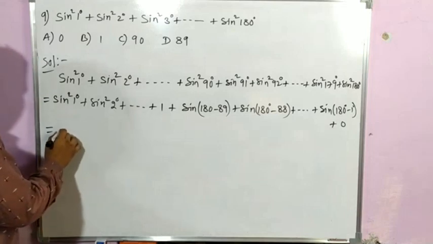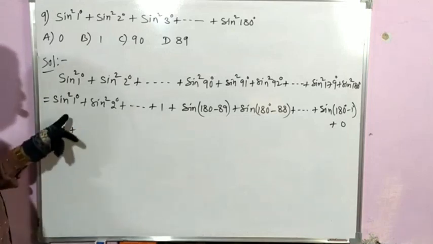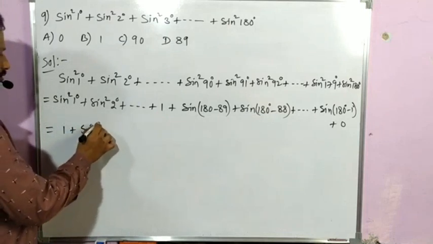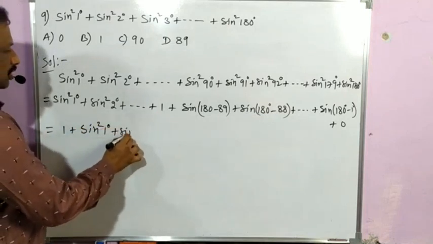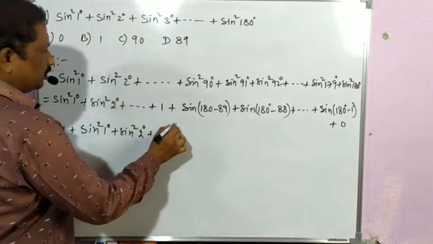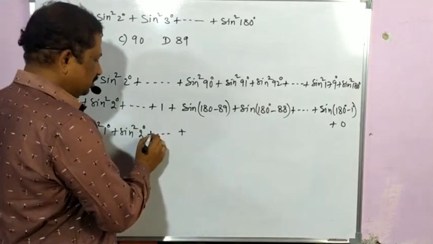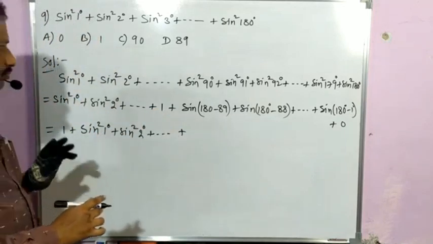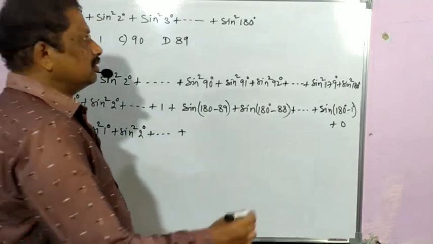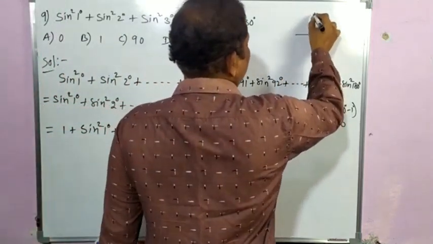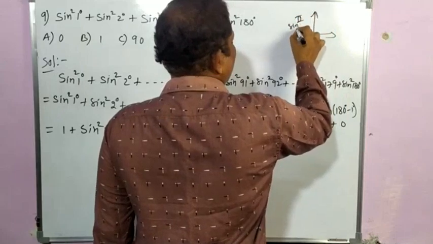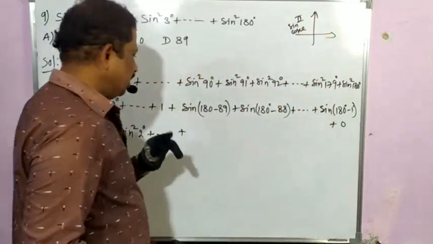Now this one you write separately. I am writing here 1 plus sine square 1 degree plus sine square 2 degrees plus so on, plus this one I have written here. This one becomes 180 minus theta. It falls in the second quadrant, where sine and cosecant are positive, so plus only comes.